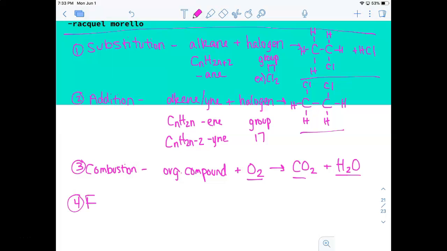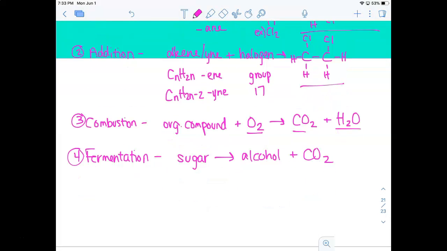Okay. Fermentation is the process of making alcohol. So you start off with a sugar and you add a catalyst and you make an alcohol and you make carbon dioxide. So how do you know if it's a fermentation reaction? By looking at it.